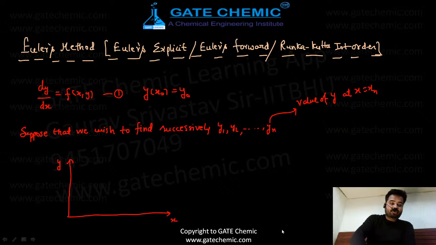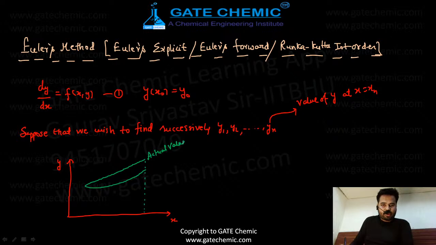Okay, now see, they will give you one curve like this and a second one like this. Okay, the above one shows actual value or true value, and this below curve shows us estimated, or it is also known as approximated values.